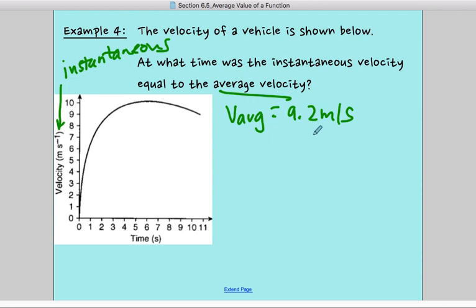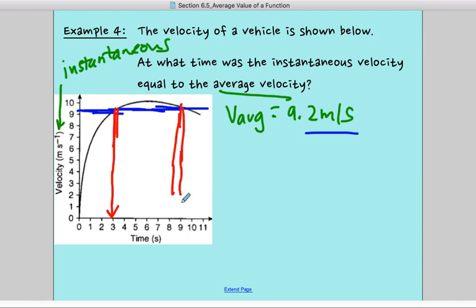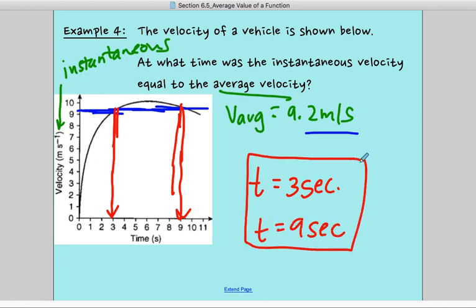I'm just going to mark on here 9.2 and do my very best to draw a straight line. You can do it a little nicer on your iPad. Then I would go down and find the time, wherever it intersects the graph. When I did it on mine, I got 3 and 9. So my answer is that at time t equals 3 seconds and at time t equals 9 seconds, my instantaneous and my average velocity are equal to each other.